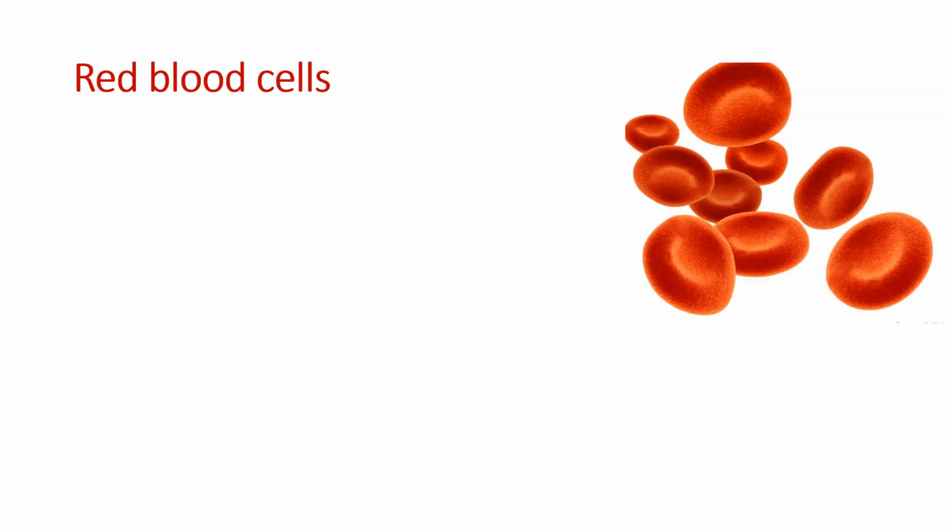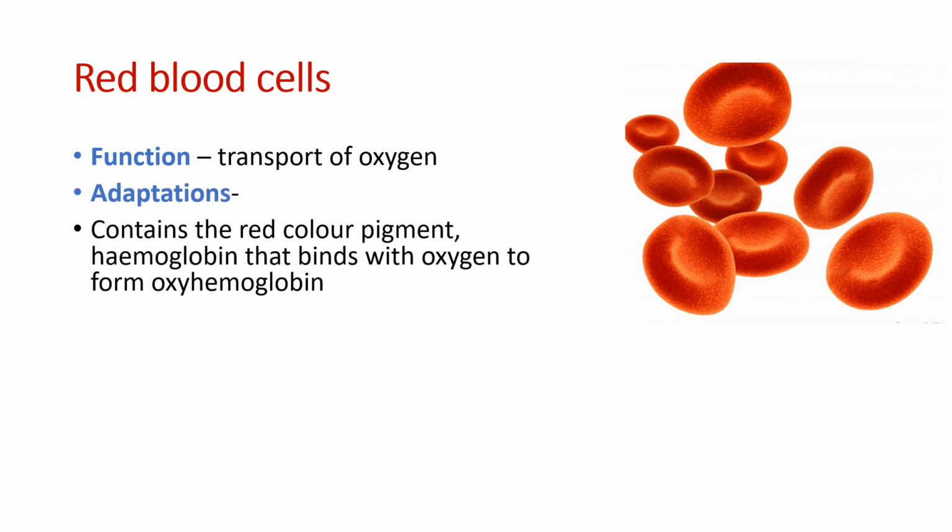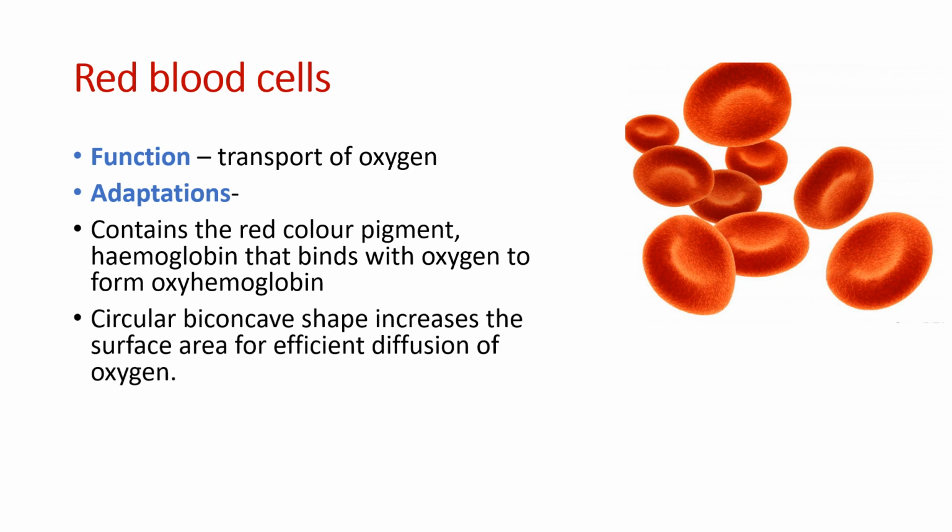Red blood cells. The function of red blood cells is to transport oxygen. Let's see how these cells are adapted to carry out their function. These cells contain the red color pigment hemoglobin that binds with oxygen to form oxyhemoglobin. And their shape is circular from outside, but when you look at the side view, we can see a biconcave shape, which means they are thicker at their edges, but the middle part is thinner.